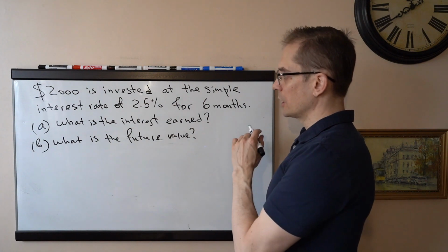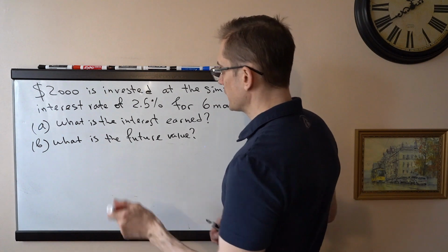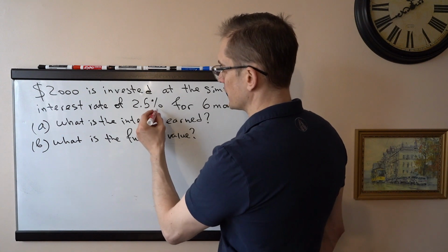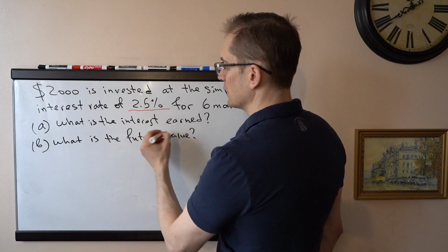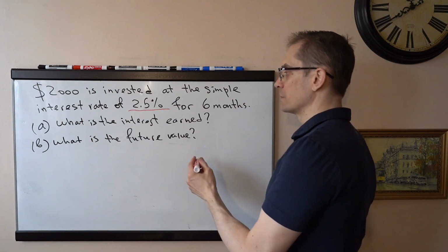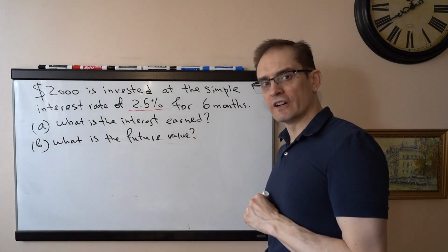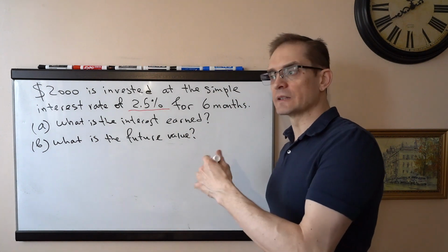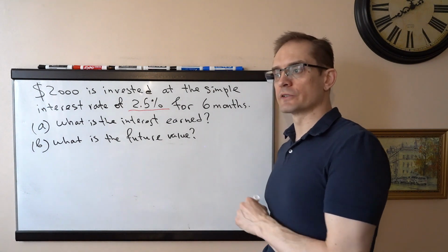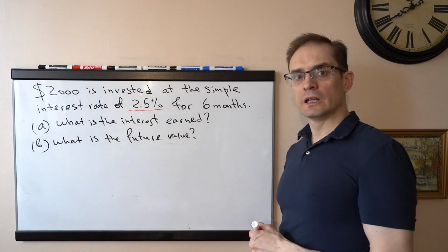Okay, so in this problem, pay attention to one thing. It says interest rate of 2.5% for 6 months, but we're not aware what period that 2.5% covers. Is it per year? Is it per month? Is it per day?